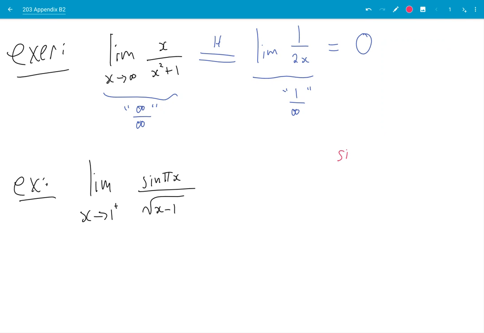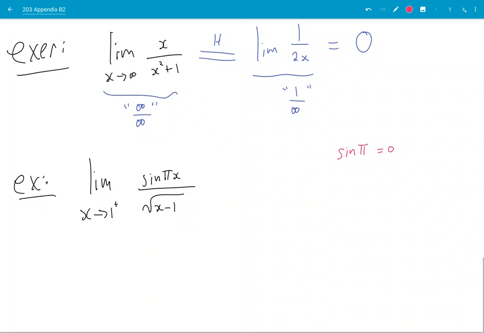Well, if I plug in 1 here, I get sine pi, which is 0. And on the bottom, I also get 0, right? So this is 0 over 0.